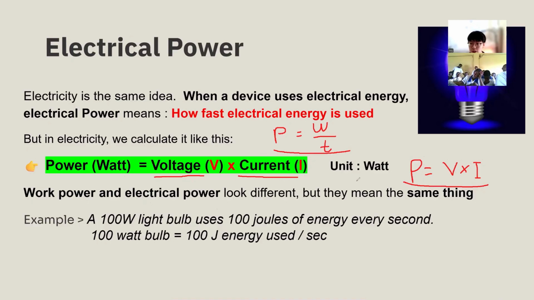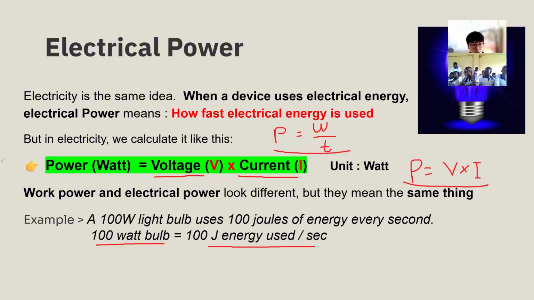But they are essentially the same thing. For example, a 100-watt light bulb uses 100 joules of energy every second. So it's still a watt, which is joules per second, work per second. They're saying the same thing, but with a different equation.